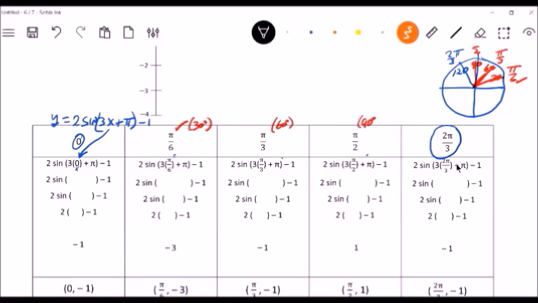So 3 times 0, well, here's the thing, 0 times 3 is 0. So we have 0 plus pi. I think I'll continue in blue. It makes a little more contrast. That's 0 plus pi, which is pi. And the sine at pi, right, we use the unit circle again. And at pi, the sine is 0.